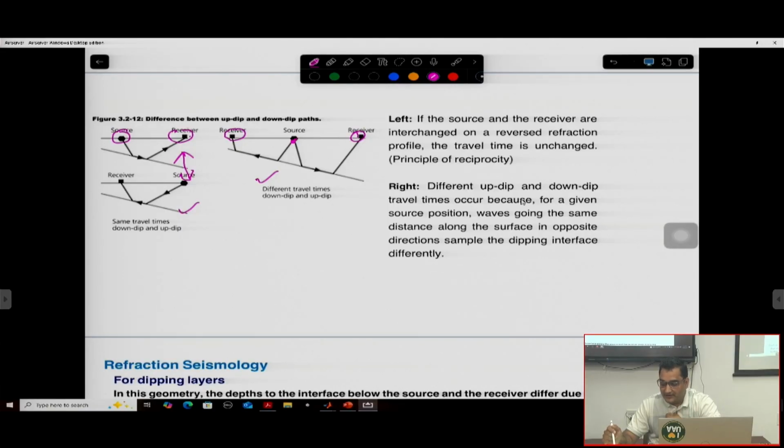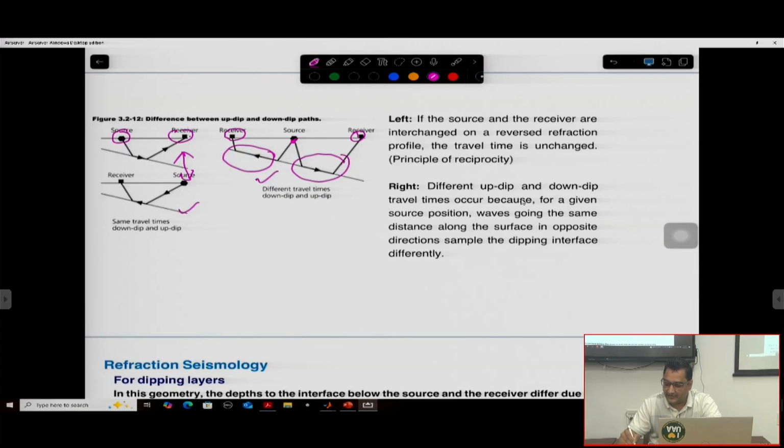In this case the travel times would differ, because the head wave is sampling different parts of the dipping layer. So the travel time will be different.